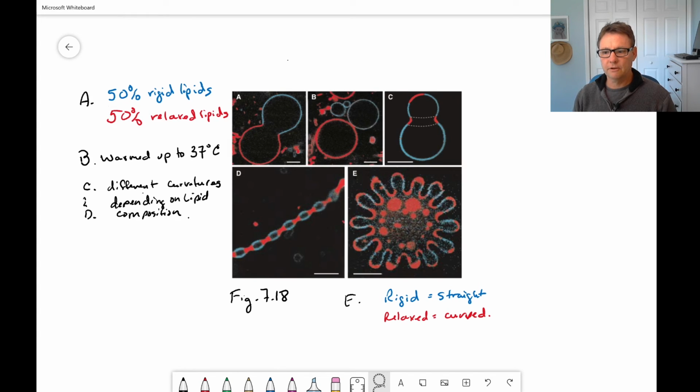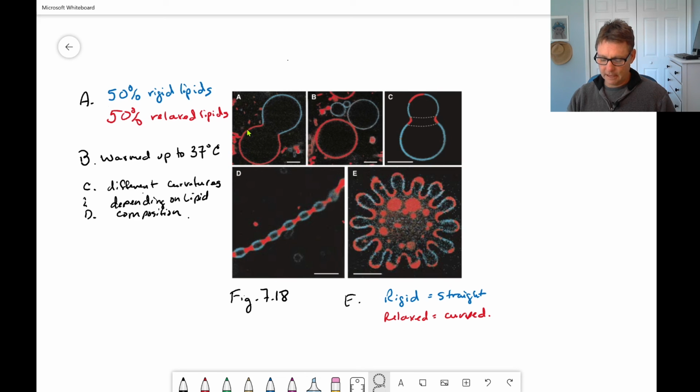So the last figure is looking at membranes or lipids that are rigid and relaxed, and they have different fluorescent dyes on them. And so in A, on the top left panel, you see the blue membrane here is made of rigid lipids, and the red one down here is made of relaxed lipids.